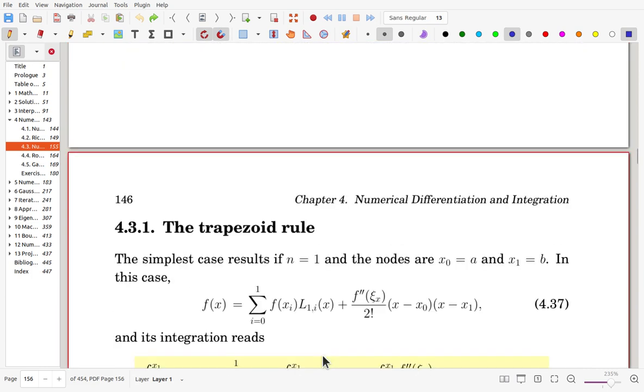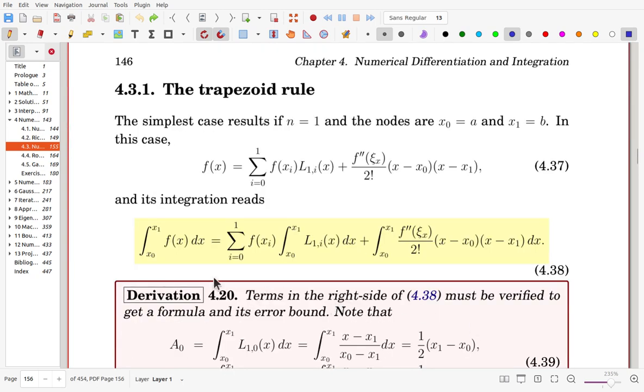Let's consider the simplest case. If we set n equal to 1, then the knots are x0 is a and x1 is b. For this small interval, we can get the linear interpolation and its error, and its integration can be written in this way.